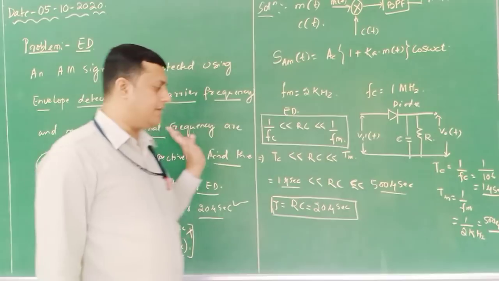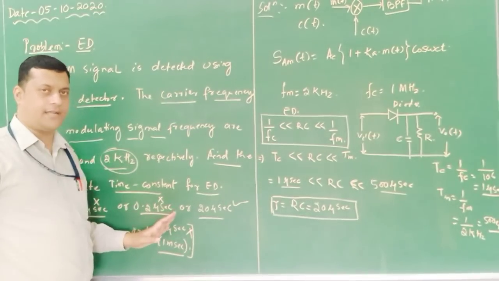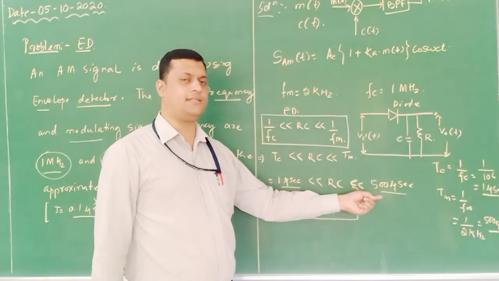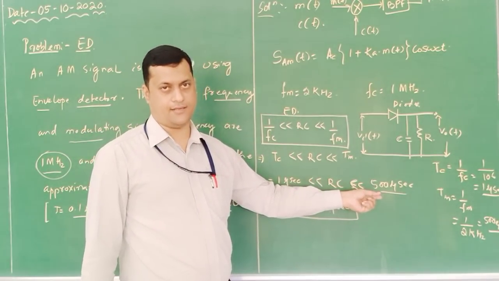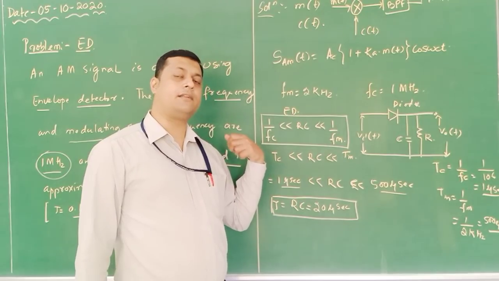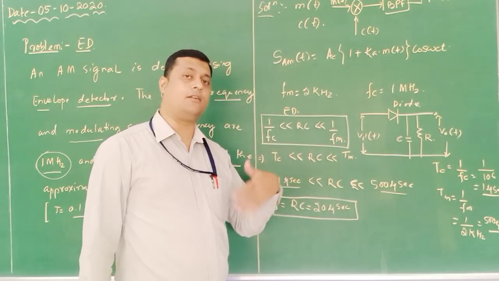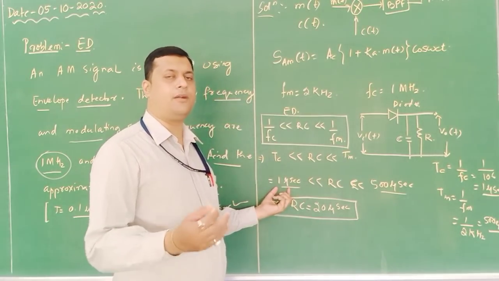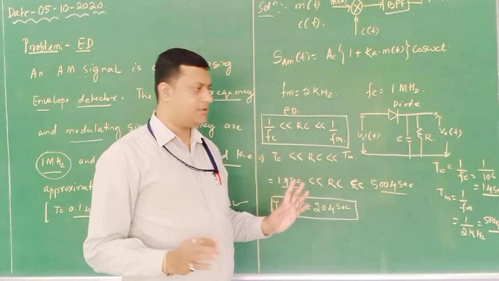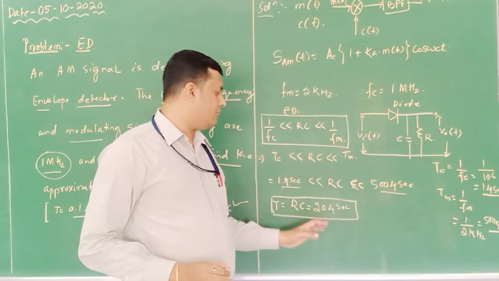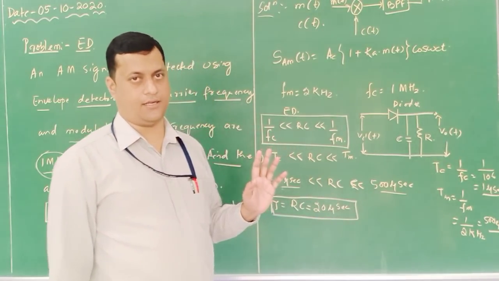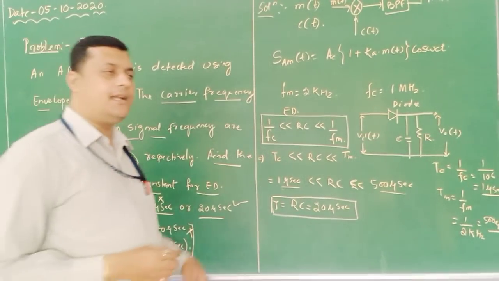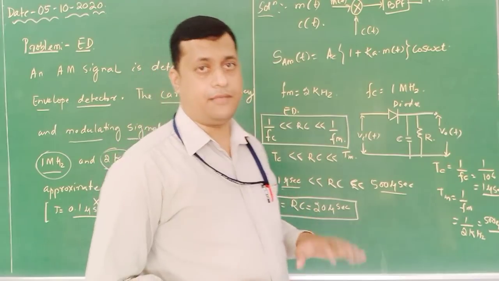If the option is given as 100 microsecond, then also it is possible because the highest limit is 500 microsecond. If the option is given as 1.2 microsecond, then also it is possible. Why? Because the least value is 1 microsecond. So 1.2 to 500 is possible. So you have to check the range and identify the time constant. With the help of this relation, we can easily get the time constant for the envelope detector.